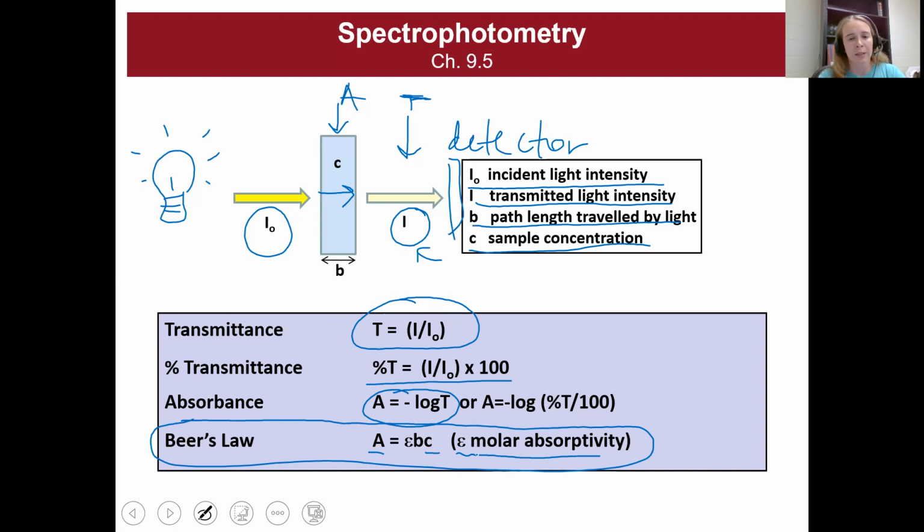Beer's law is absorbance is equal to the molar absorptivity times the path length times the concentration. And the molar absorptivity is kind of a constant for different chemical substances. Not quite. It's described a little bit more in your book, but you don't need to worry too much about it for now.